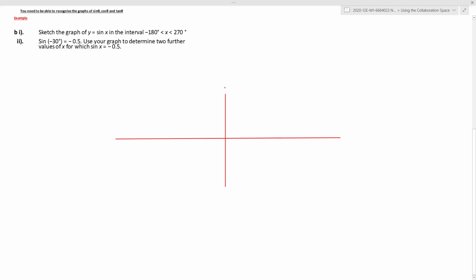Right. So y, I won't put theta there yet. Let's just see how this goes. So sketch our sine curve. Now that's 0. We've got 90 here, 180, 270, and that's all we're required to go up to. And the minimum here is minus 180 and minus 90 there. So that's part A, y equals sine theta.